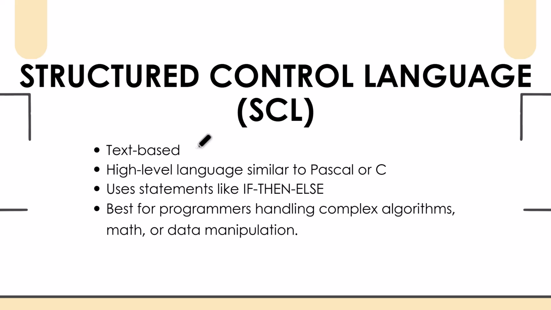It is a high-level language like Pascal or C, and it uses conditions, loops, and various assignments that we use in a typical C++ language, for example. And it is best for programmers who want to handle complex algorithms, mathematics, and data manipulations.